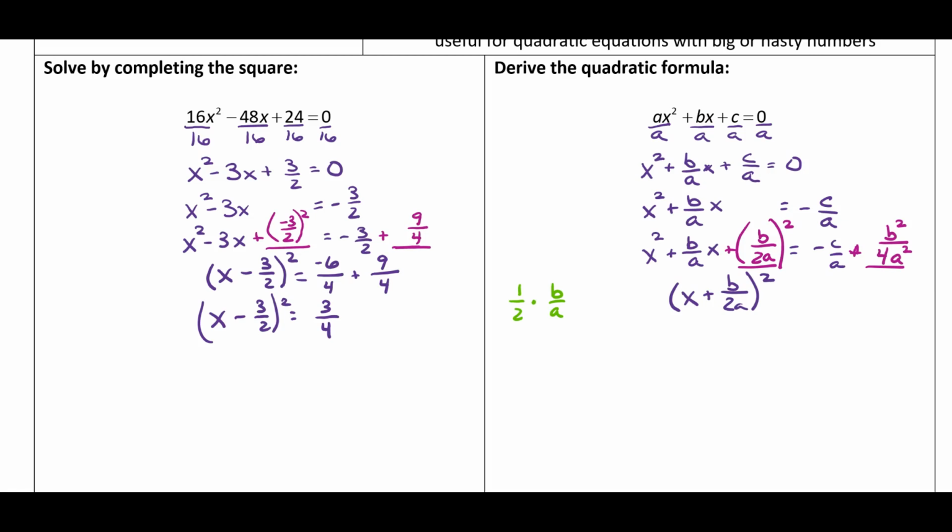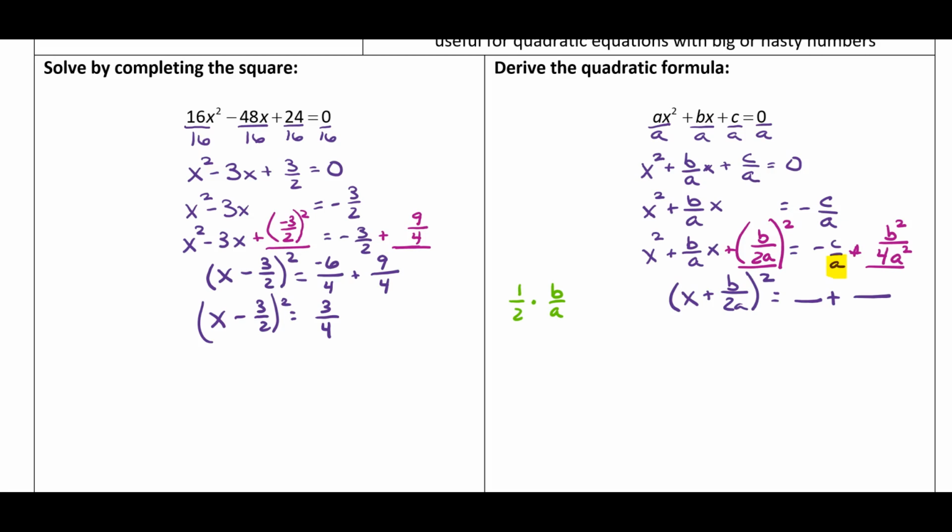Okay, and that's important to understand because over here on the other side, we're also going to have to get common denominators. So I have an a and I have a 4a squared. I need to be able to make them the same number. So what that means is I can actually multiply this a at the bottom here by 4a.